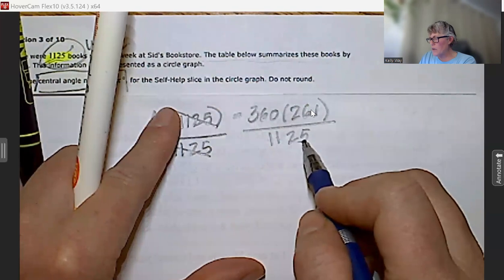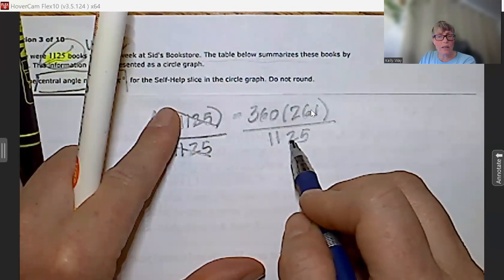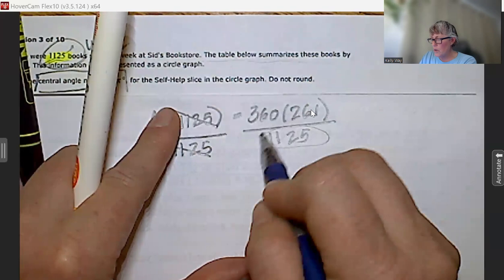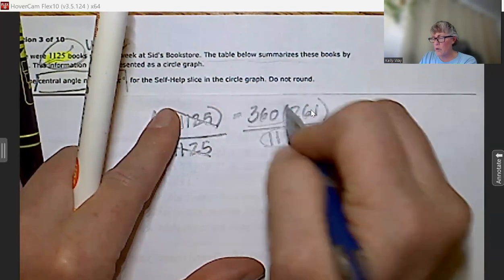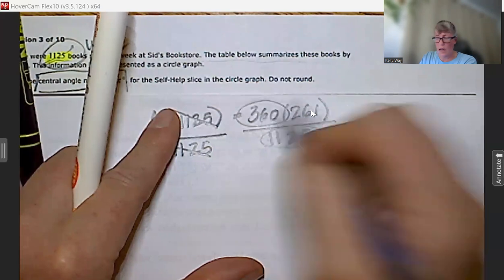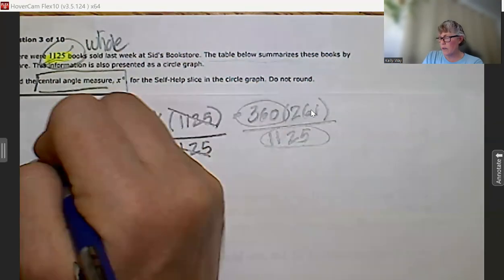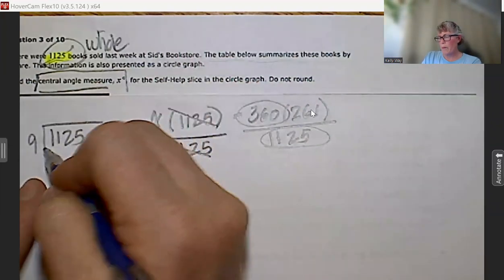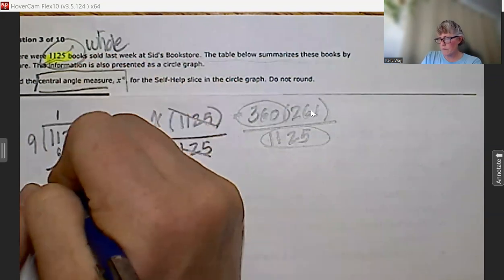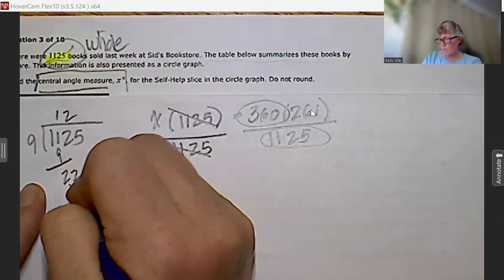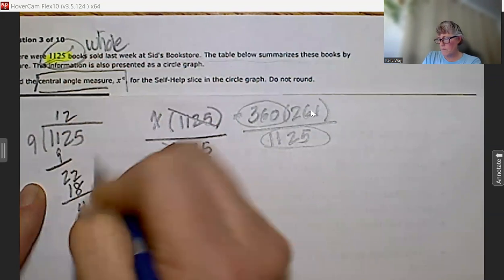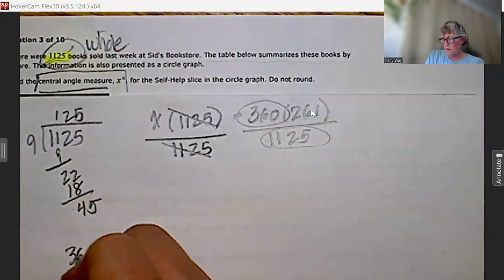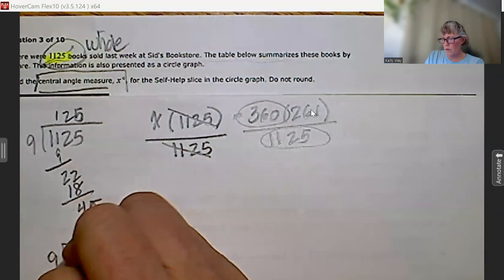First I add the digits of 1,025: 5 plus 2 is 7, plus 1 is 8, plus 1 is 9. I know this is going to be divisible by 9, and I know 360 is divisible by 9. So I'm going to go ahead and divide 1,025 by 9. So I get 125, and then 360 divided by 9 is going to be 40.